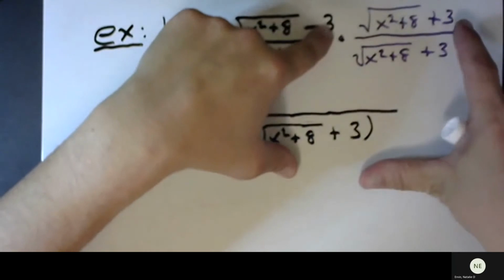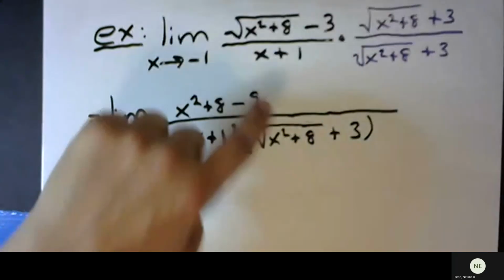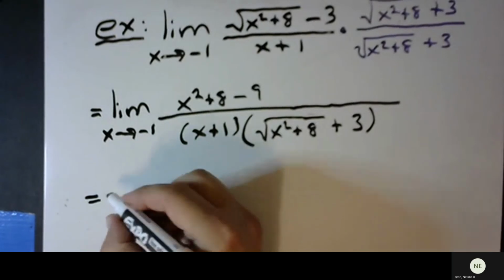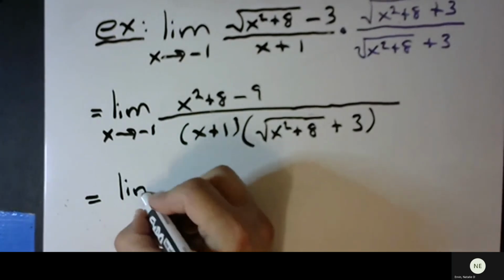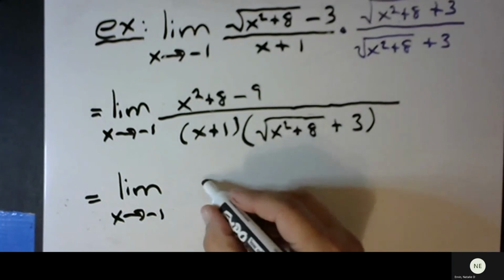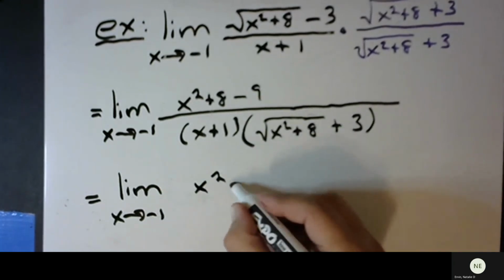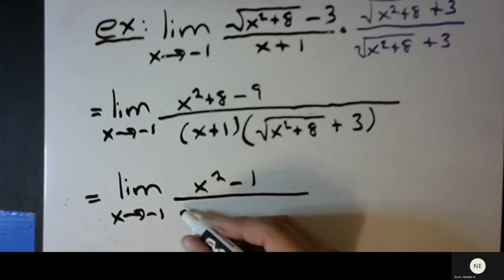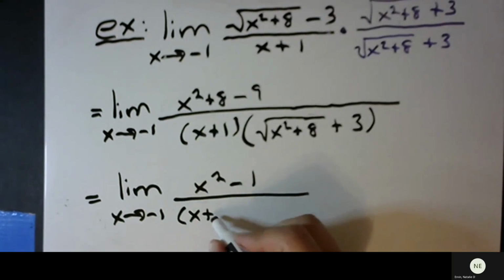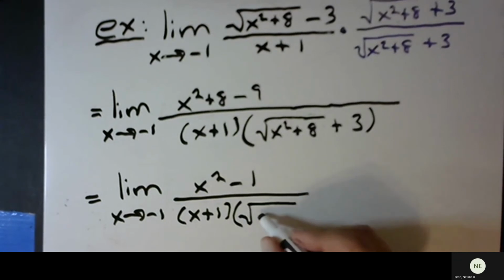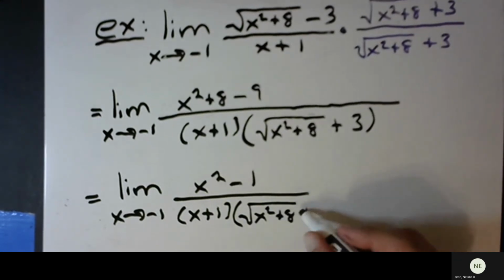And then finally, negative 3 times 3 is going to be negative 9. And that simplifies to x squared minus 1. We're going to keep our x plus 1, x squared plus 8 plus 3.